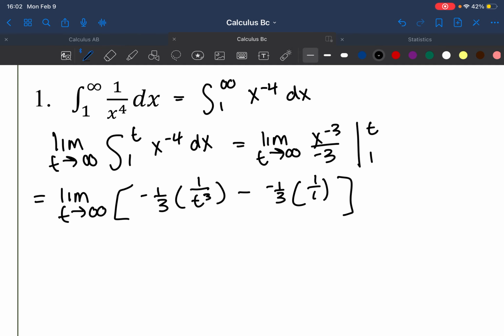So if we look at t, since t is in the denominator, because I moved it there because we had a -3 as the exponent, if we approach infinity for t, that means that denominator is going to get very large, which means this section here is going to approach 0. So I have that this is 0 plus 1/3, which is equal to 1/3, and that is the answer.